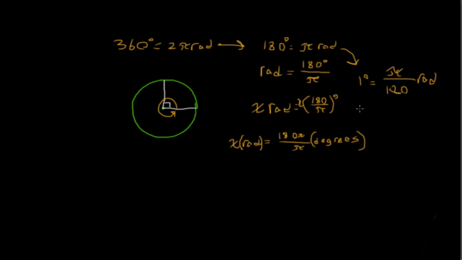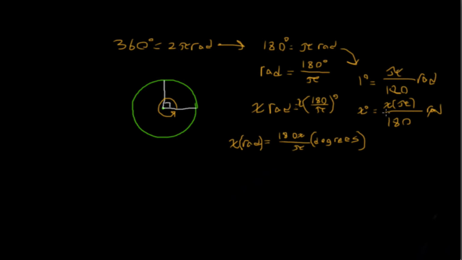And so x degrees, x times that, is equal to x times pi over 180 radians, right? If we multiply each side by whatever, so if we have 90 degrees, 90 times 1, it's 90 times all of this.